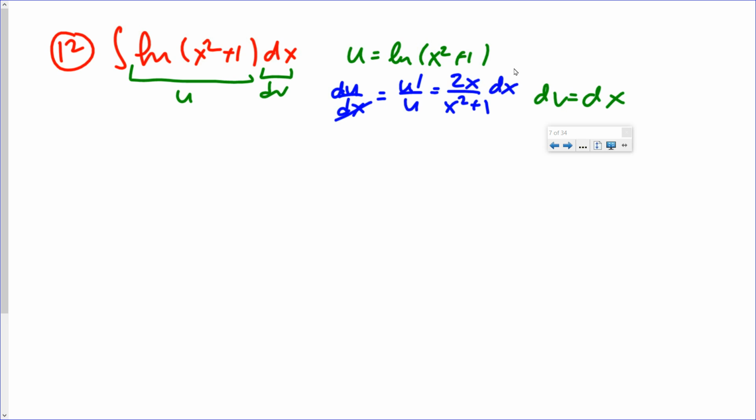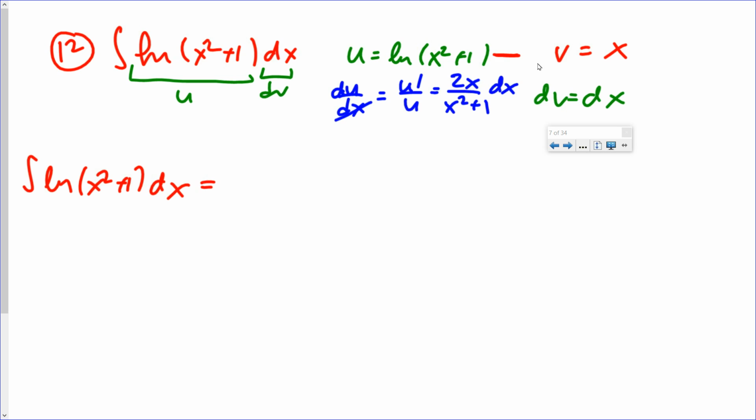Yeah. Okay. So guys, on this side, I'm going to take the integral. So the integral of dv is just v, and the integral of dx is just x. You guys good with that? Okay. So now I'm going to rewrite this problem. The integral of u dv, which I defined right here with my ln of x squared plus 1 dx, is equal to u times v.